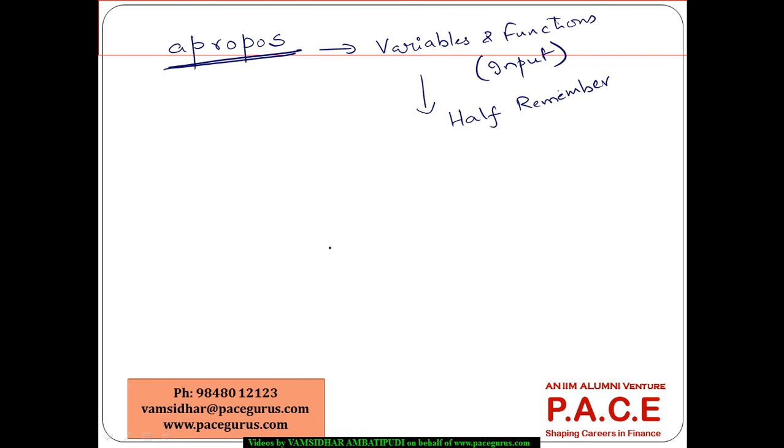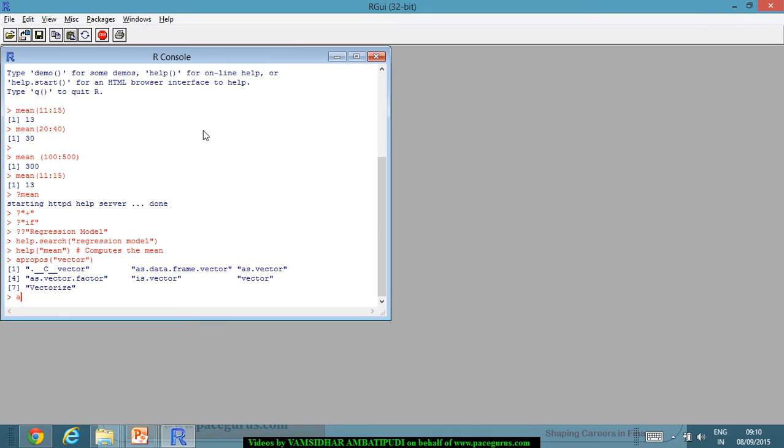Along with that, there are a few fancy things that you can do. Probably if I really want to know all the variables, let's say all the variables that are ending in Z. I simply want the list of all variables ending in Z. Even that I can do using apropos.